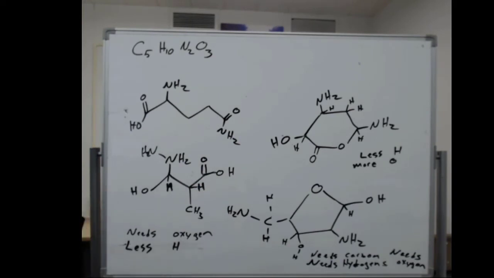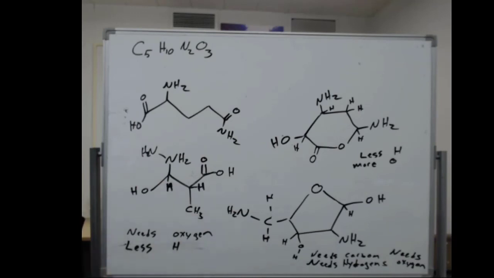So if I need to get less hydrogens, we need to put in a double bond someplace, or a ring or something, right? We need to do something. We want to make sure we're using all of the good pieces.